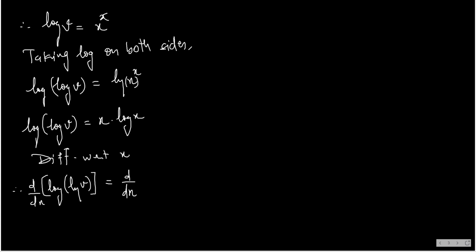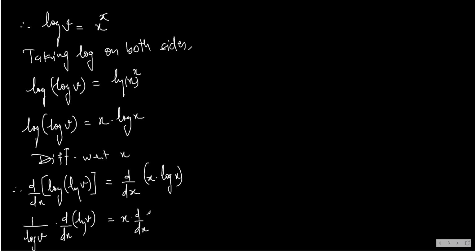So the derivative of log v becomes 1 upon log v into d by dx of log v. And here I have x log x, so I will use the product rule: x d by dx of log x plus log x into d by dx of x. So what will this become now?